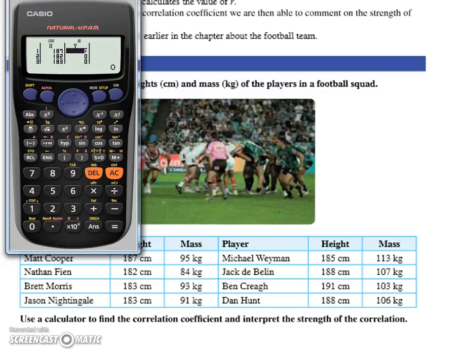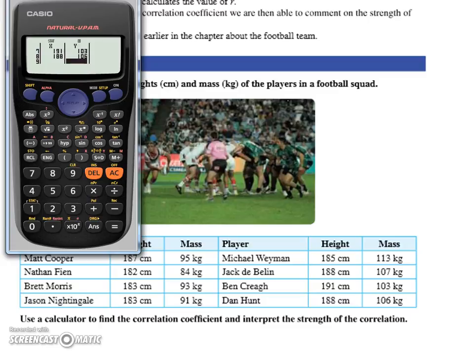Hit the right arrow, it goes over to the y column, the second variable, and now I'm entering the second set of data. So once again, 95 equals, 84 equals, 93 equals, 91 equals, 113 equals, 107 equals, 103 equals, 106 equals. So you should have 8 data points, X and Y.